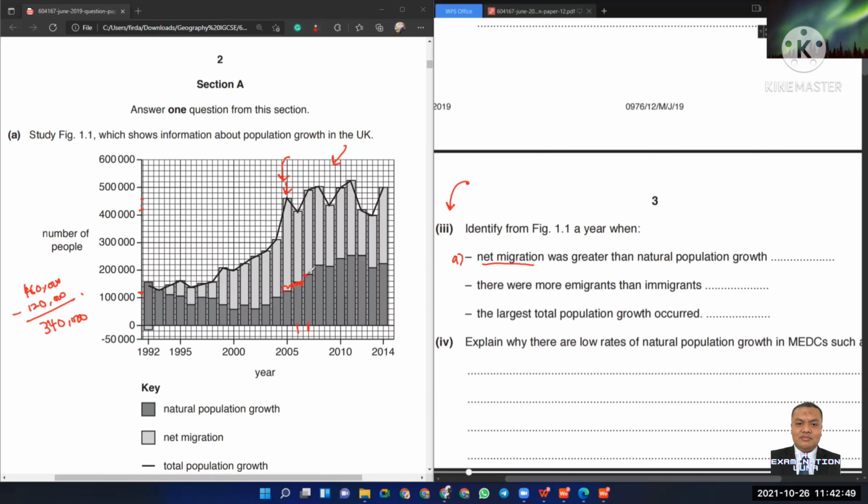And then dia punya total population adalah 485,000 or 490,000. So 490,000 you minus dengan somewhere around 180,000, and then you will get 490 minus 180. So you get 310. Maksudnya dekat sini kecil sikit.